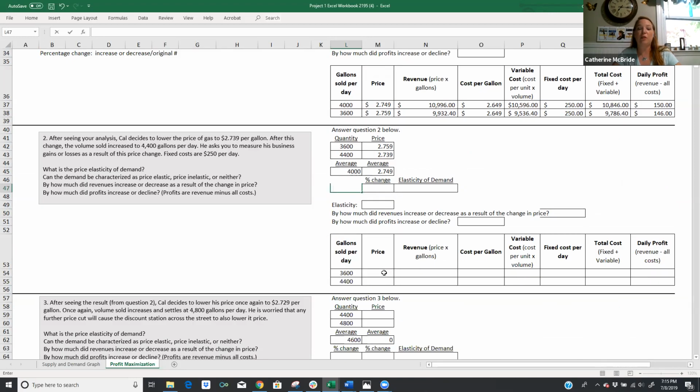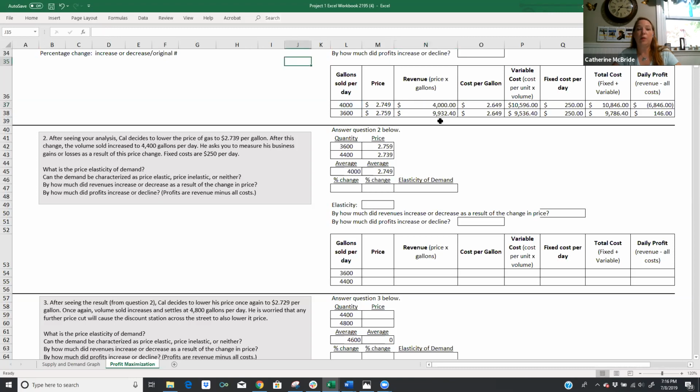Except for here, you can see that your top row, the formulas aren't filled in. But if you look at these formulas, you can see what you're doing just to check yourself. So here, for revenue, it says M37 times L37. So for revenue, M37 is the price times L37 is the gallons, which gives me the revenue.